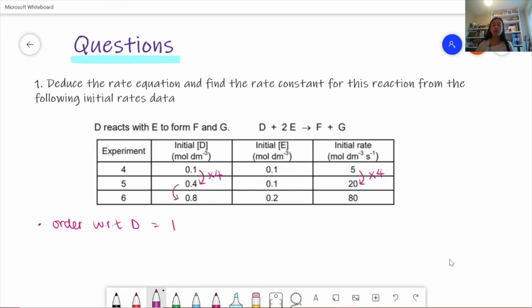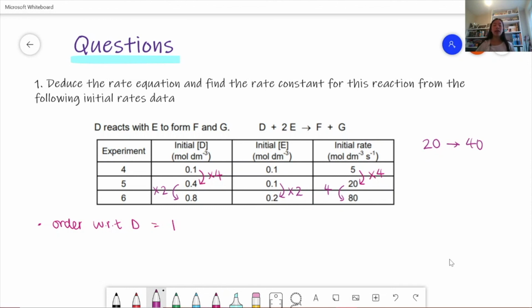So D multiplies by 2, and the concentration of E also multiplies by 2, and the initial rate multiplies by 4. Because we multiplied the concentration of D by 2, the initial rate of 20 in experiment 5 should multiply by 2. So it should become 40.